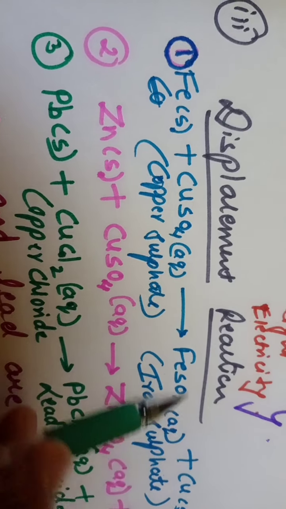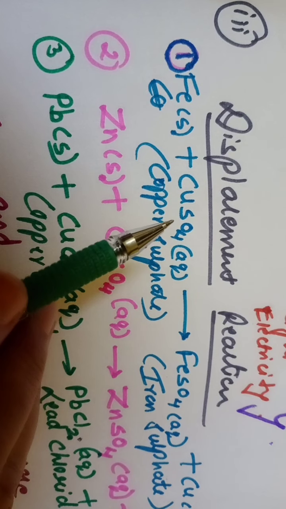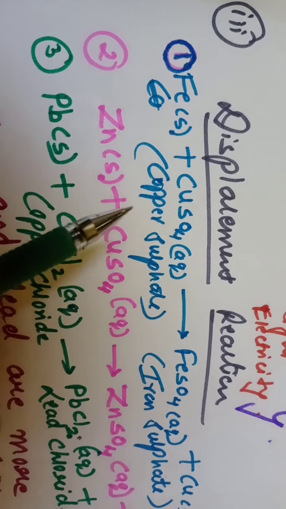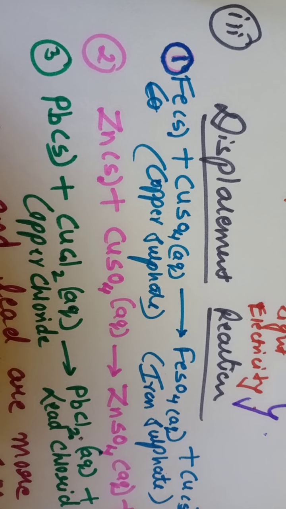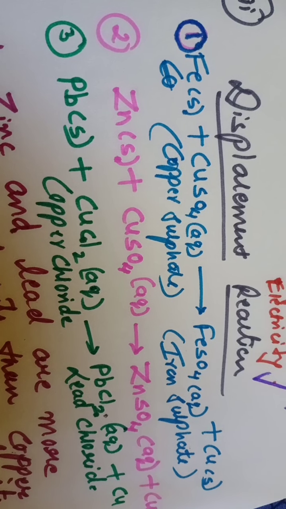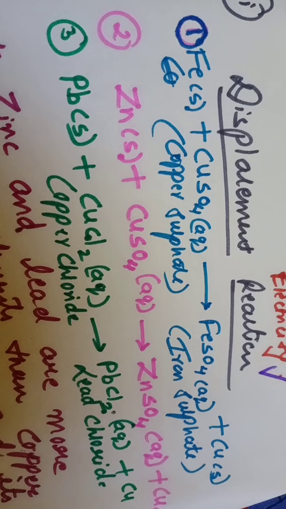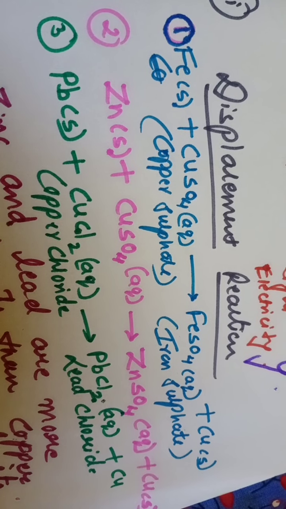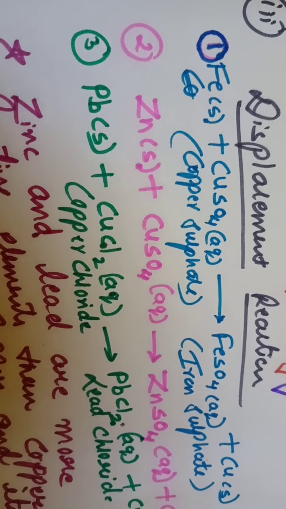The iron nail becomes brownish in color due to the deposition of copper, and the blue color of copper sulfate changes to dirty green color due to the formation of ferrous sulfate. So the green color indicates the formation of ferrous sulfate. I hope you have understood.